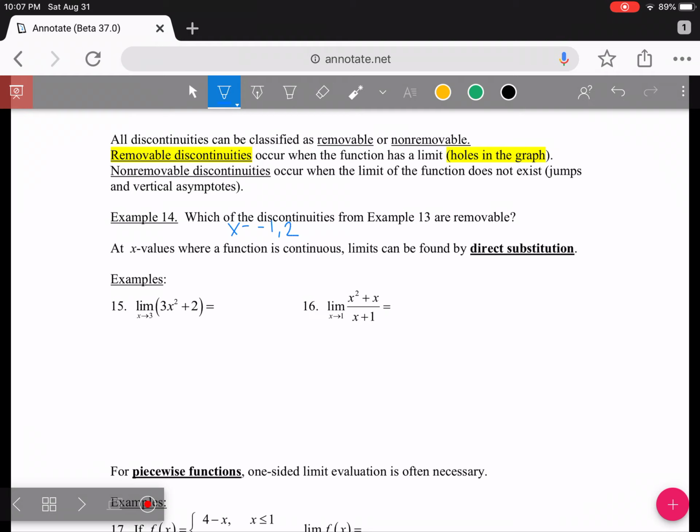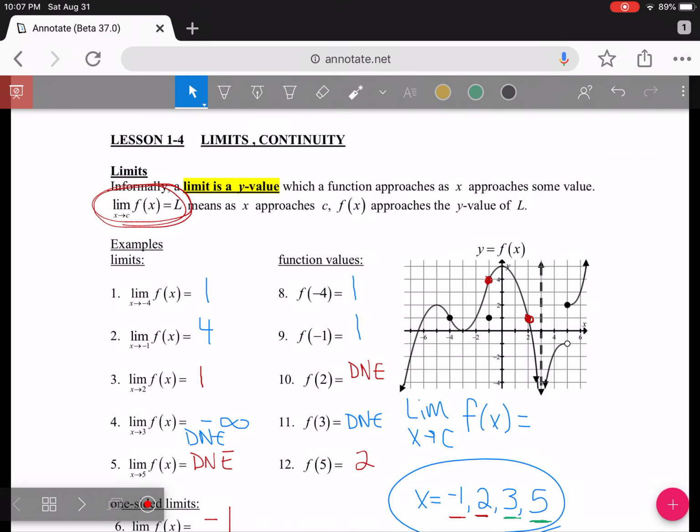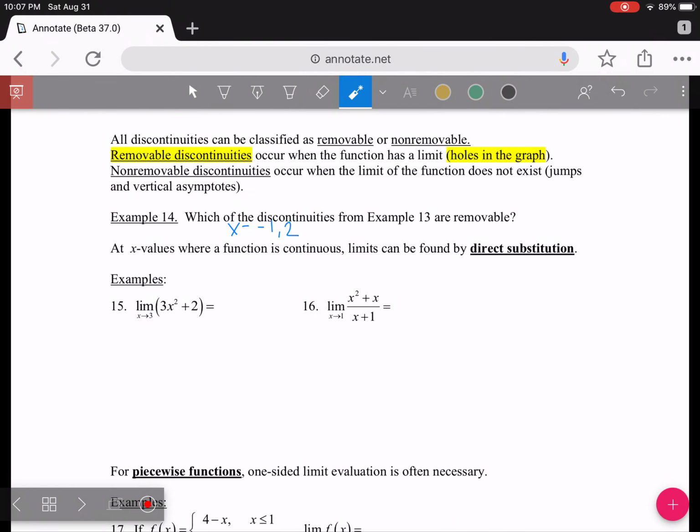All right. So let's talk a little bit about direct substitution. Back here we saw that sometimes the limit and the function values are the same, right? So if I plugged in negative 4 into this function, I would find not just the value of the function, but I would also find the limit. So if a graph is continuous, you can just plug in that number for x, and it will give you the limit, which makes total sense, right?